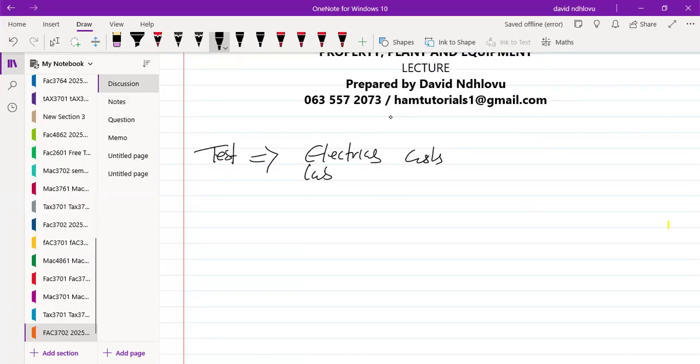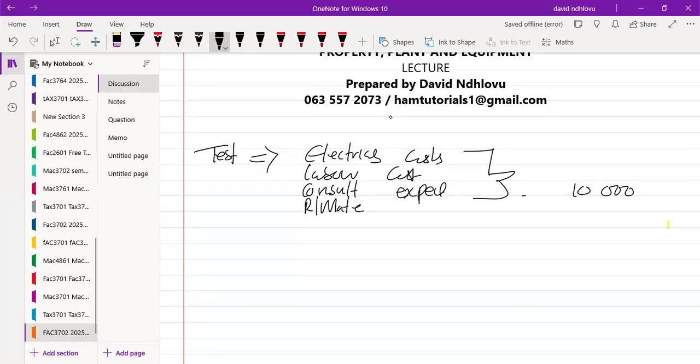There are people who work there, the labor costs. Maybe you consult an expert. You buy the raw materials to be used in your test run. Let's say all these things cost you 10,000 rand.